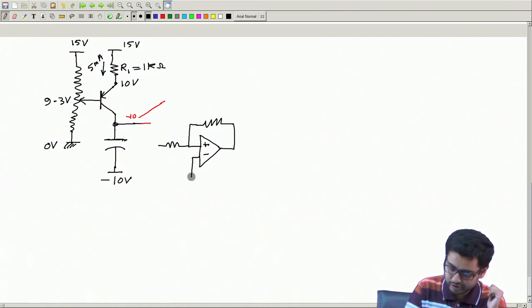This is a non-inverting Schmitt trigger, and let me take this R1 equal to R2.